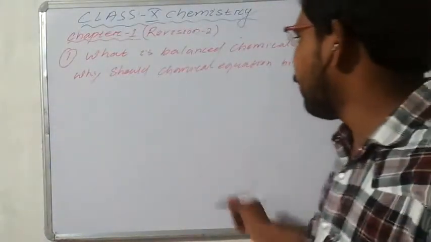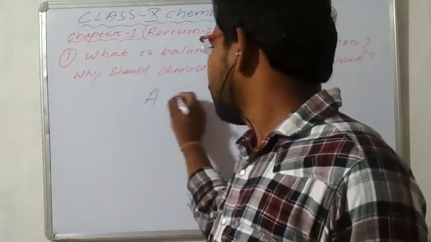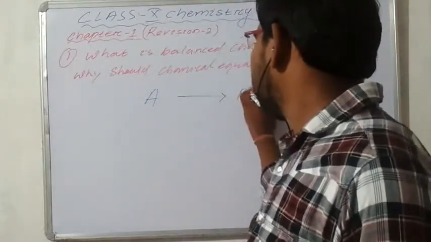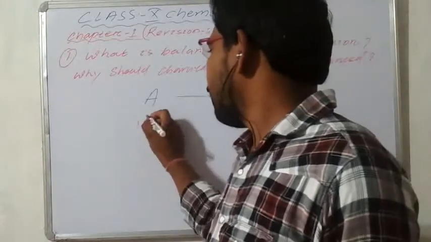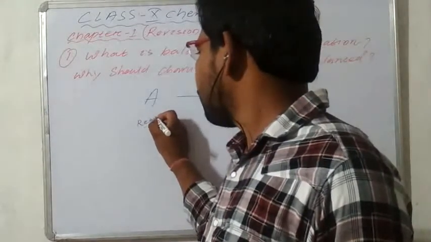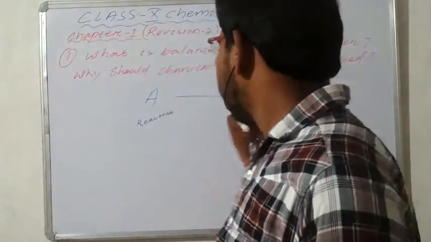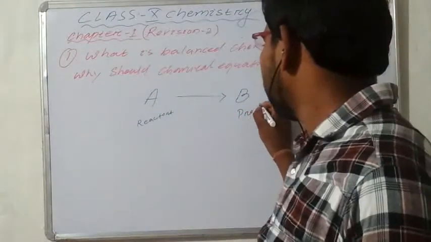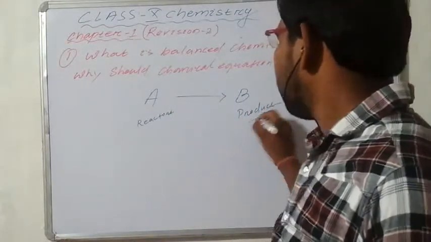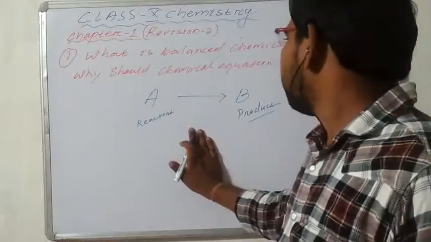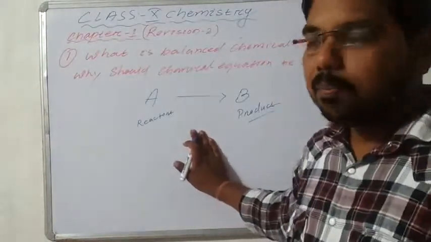We know that every chemical equation has two sides. One is the reactant side and one is the product side. The left hand side is known as the reactant side, and the right hand side of the reaction is known as the product side.